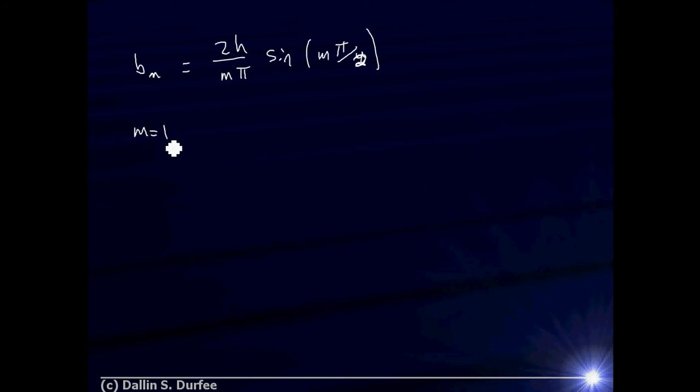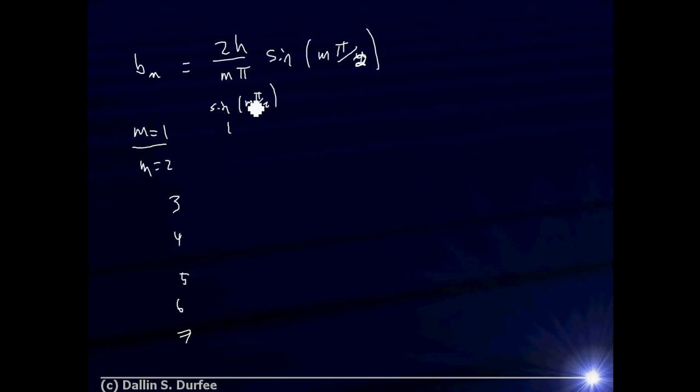We don't care about m equals 0 right now. We're going to deal with m equals 0 later, because it's a special case with a different integral. So let's stick with m equals 1, 2, 3, 4, 5, 6, 7, and so forth. What is sine of m pi over 2 for each value of m? If m is equal to 1, that's sine of pi over 2, which is 1.